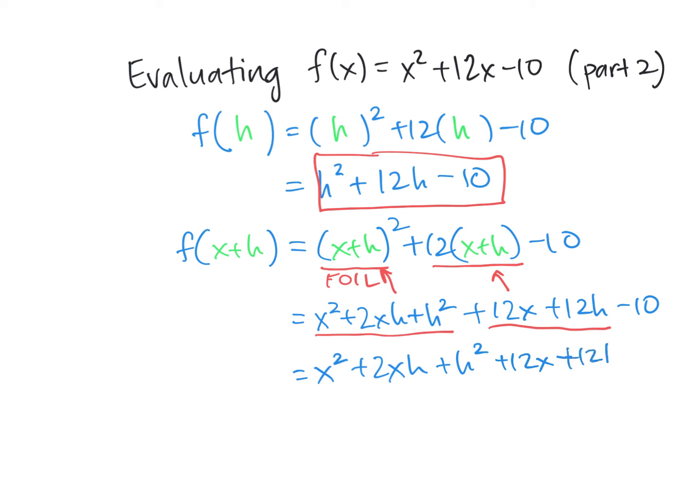Plus 12h. No like terms to combine there. And then minus 10. No constant terms. So what do I get when I evaluate this function for x plus h? Once it's simplified, it equals this alphabet soup right here. X squared plus 2xh plus h squared plus 12x plus 12h minus 10.